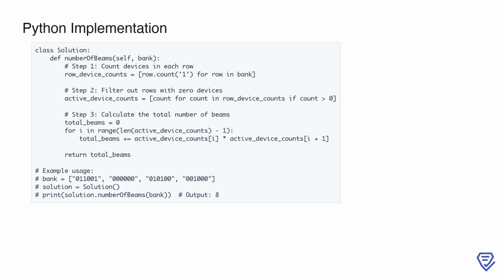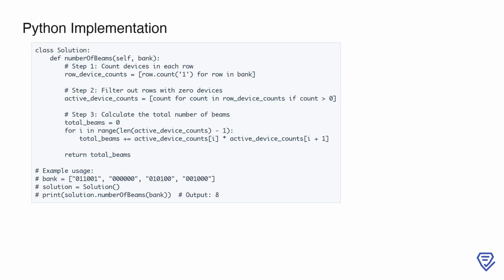Example walkthrough. For the input bank equals 011001, 000000, 010100, 001000: 1. row_device_counts becomes 3, 0, 2, 1. 2.